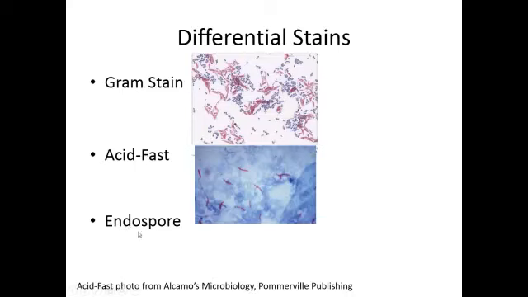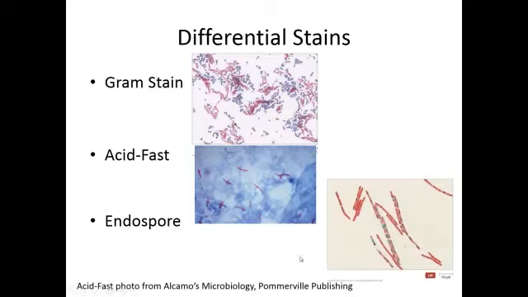Then we have endospore staining. Here we use two stains. One stain to stain endospores, which are very hard to stain. If you remember from chapter 3, they're wrapped in multiple waterproof layers. Very hard to get a basic stain to stick to that because the endospore has a neutral charge. So we use a special staining procedure to stain the endospores.